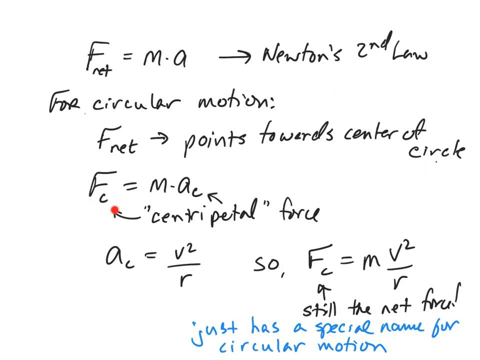We call it a centripetal force, which means that the acceleration is a centripetal acceleration, because if you remember from Newton's second law, the object always accelerates in the direction of the net force. It can't be any other way. It doesn't always move in the direction of the net force, but it always accelerates in the direction of the net force. That means its velocity is changing in the direction of the net force.